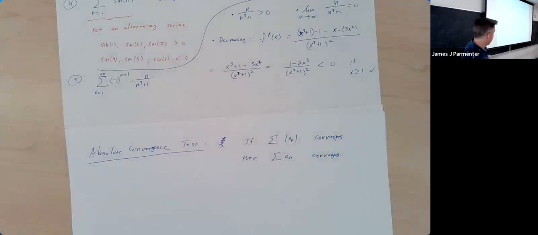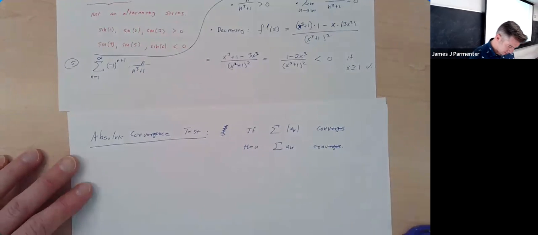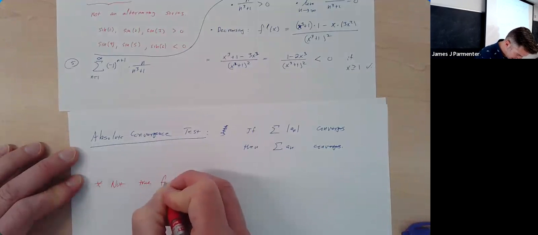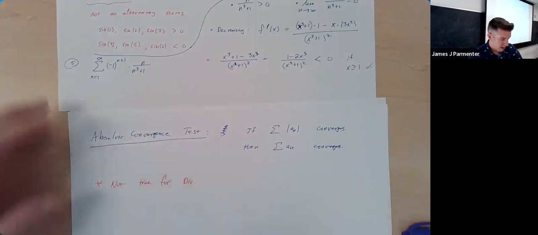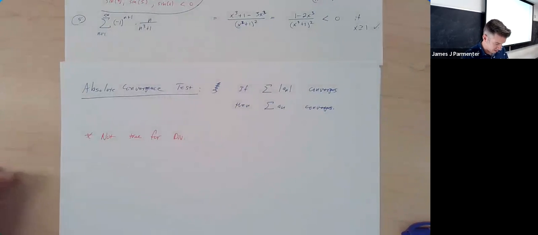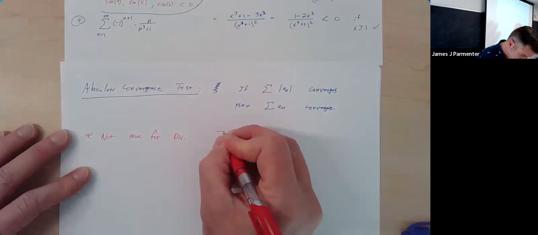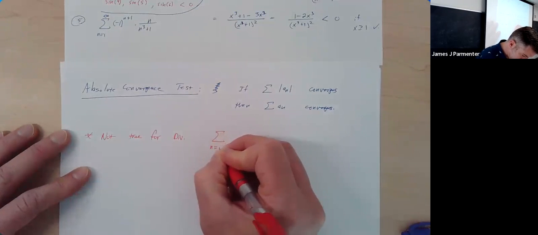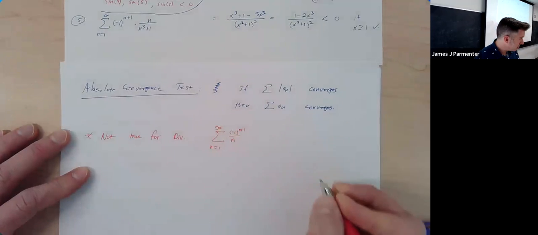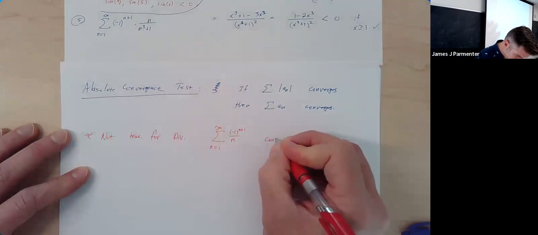This is not true for divergence, right? Let me point that out. Any alternating p-series that would have diverged is an example of this. For example, the sum from n equals 1 to infinity of -1 to the n plus 1 over n converges.